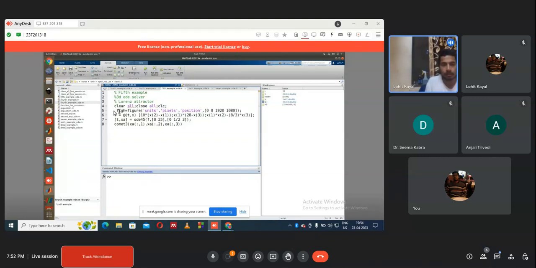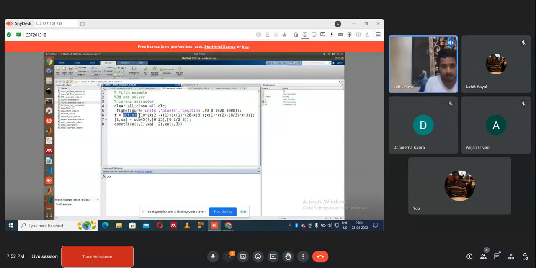There is a simple four line code. Here I am defining my figure size. This is necessary just to visualize the animation clearly. And this is the function that I have already written.